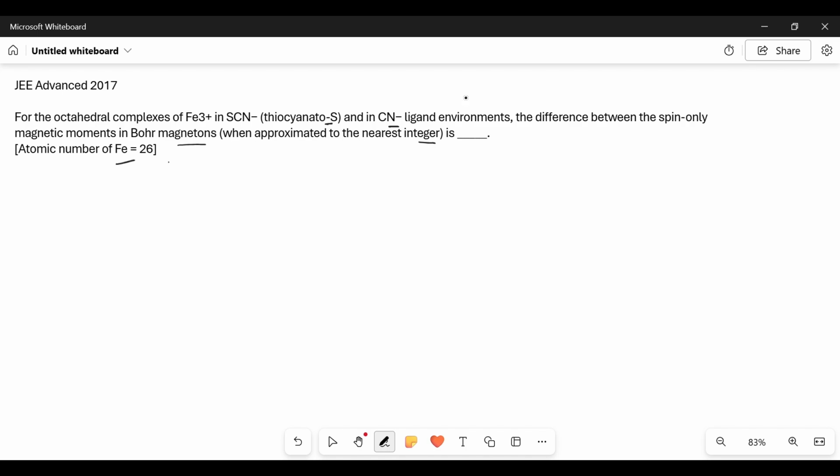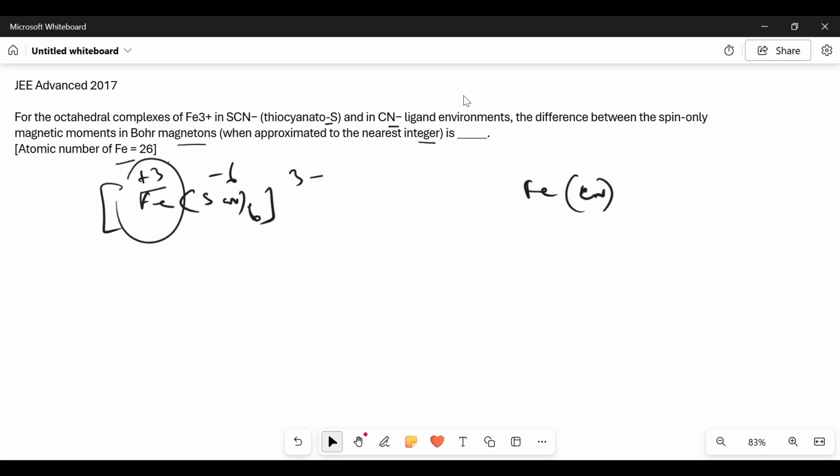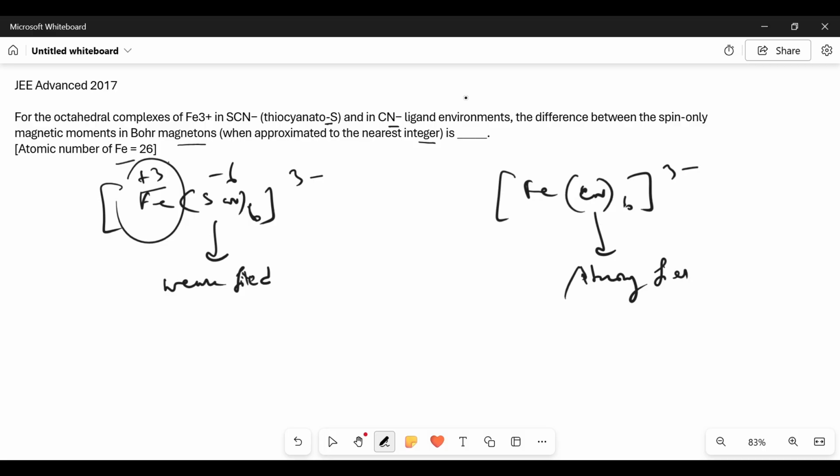The atomic number of iron is 26. Fe3+ is already given, so the complexes are [Fe(SCN)6] 3 minus and [Fe(CN)6] 3 minus. SCN minus is the weak field ligand, while CN minus is the strong field ligand.